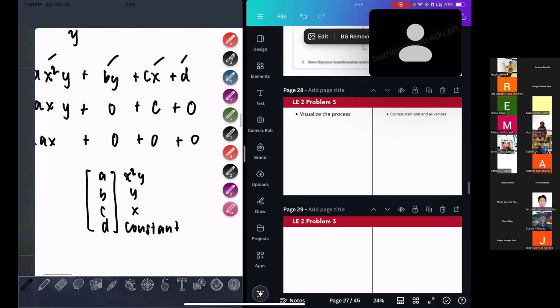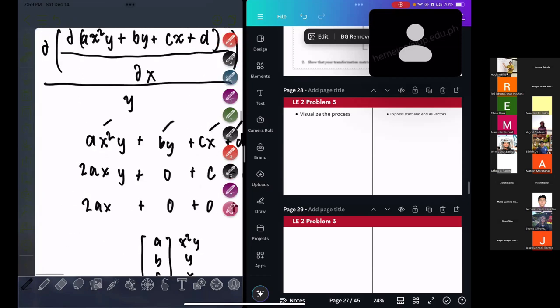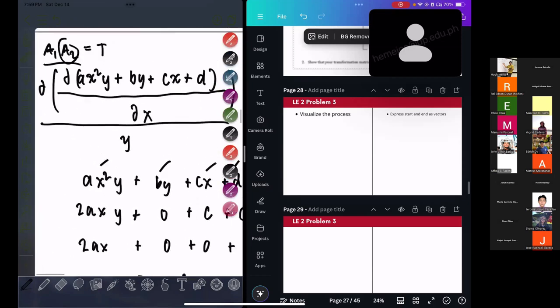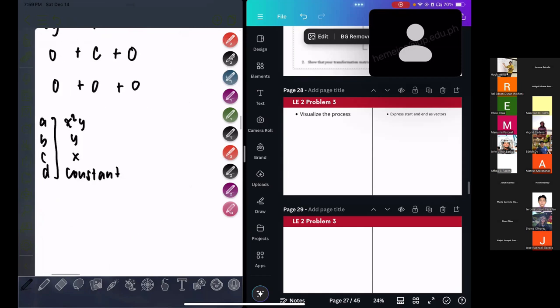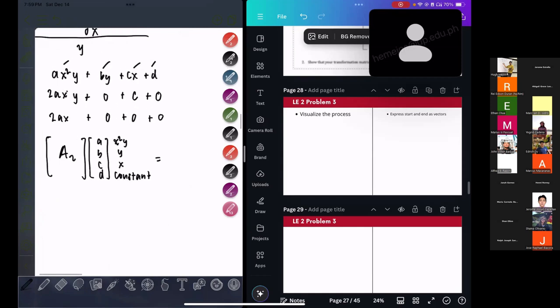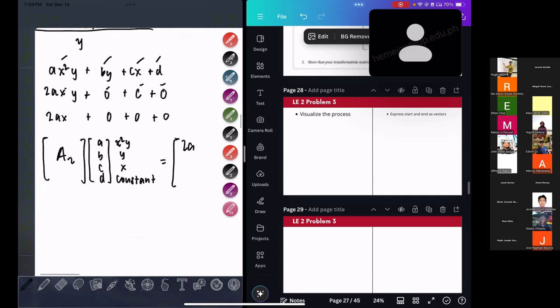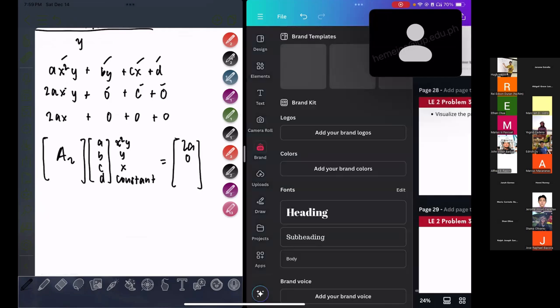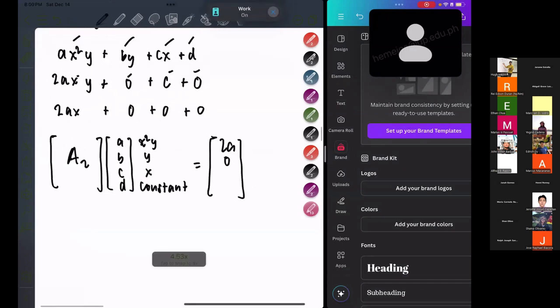Because this is A1, A2, the first transformation will be A2, since it goes right to left. Meaning we have A2 here times this, and what comes out is what we just solved. So this is 2a, 0, 0, c, 0.